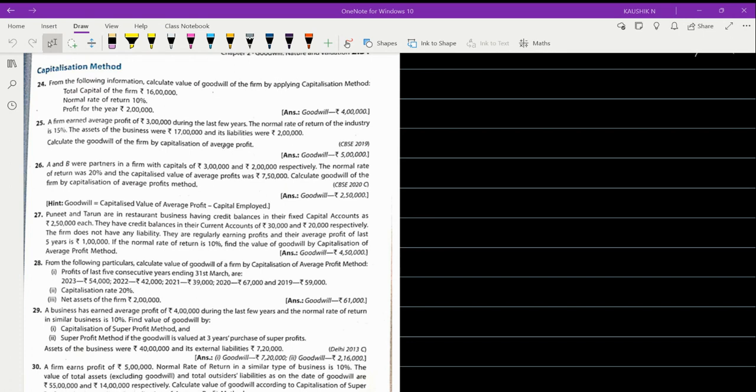When it comes to the capitalization method, there are two sub methods under this concept. Let us understand the capitalization method. Under this you have got two varieties, two types.